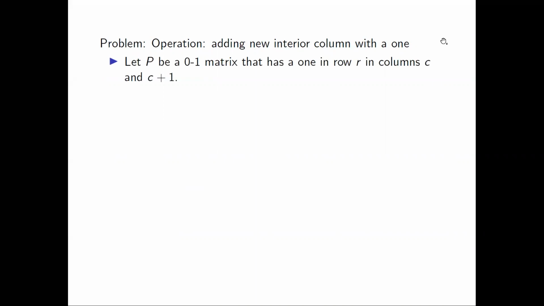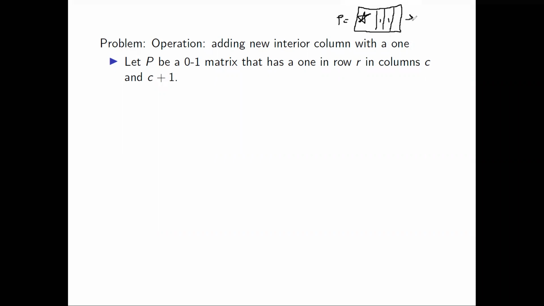So P is a 0, 1 matrix, and it has a 1 in row R in both columns C and C plus 1. So here is P. And then we have a 1 here, a 1 here. These columns are columns C and C plus 1. And then we define this new matrix P prime.